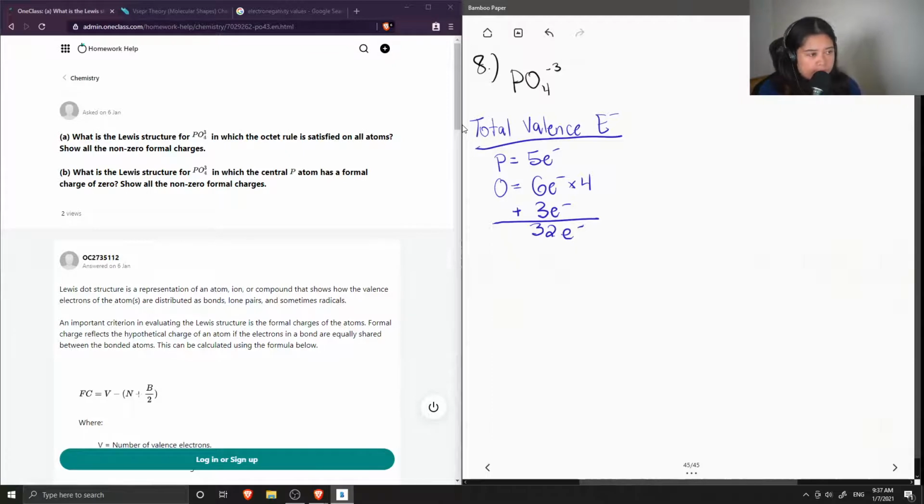Okay, so for the first part of the question, they want us to draw the Lewis structure in which the octet rule is satisfied on all atoms. So let's draw the phosphorus in the middle. Let's do this as A, where the octet rule is satisfied.